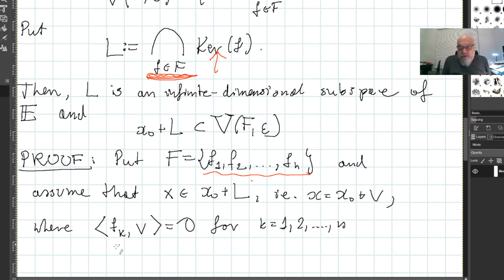If this belongs to the kernel, that's exactly this condition that it satisfies.